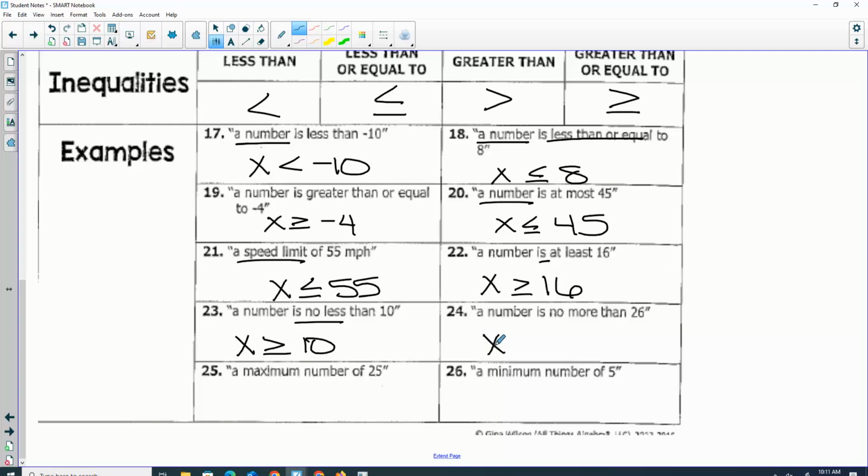A number is no more than. If it can't be more, what can it be? A maximum number of 25.